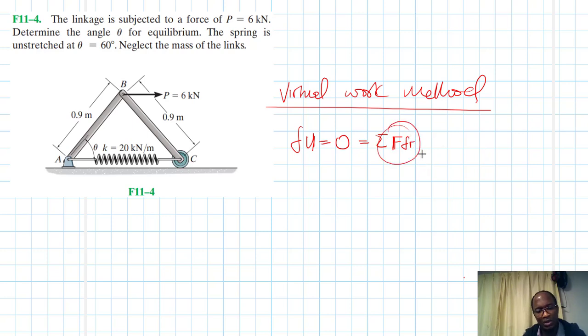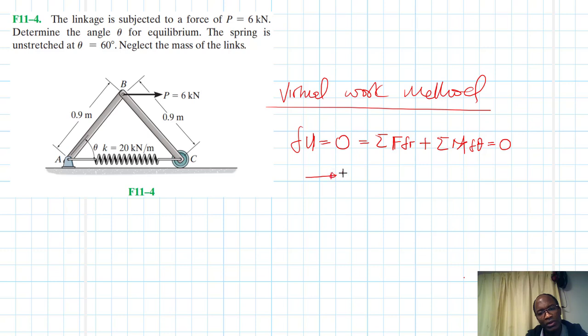So this is virtual work due to the forces. You can also have virtual work due to moments or couple moments, as a product of moment and rotational virtual displacement del theta. So the total or the net virtual work in a system is equal to 0.